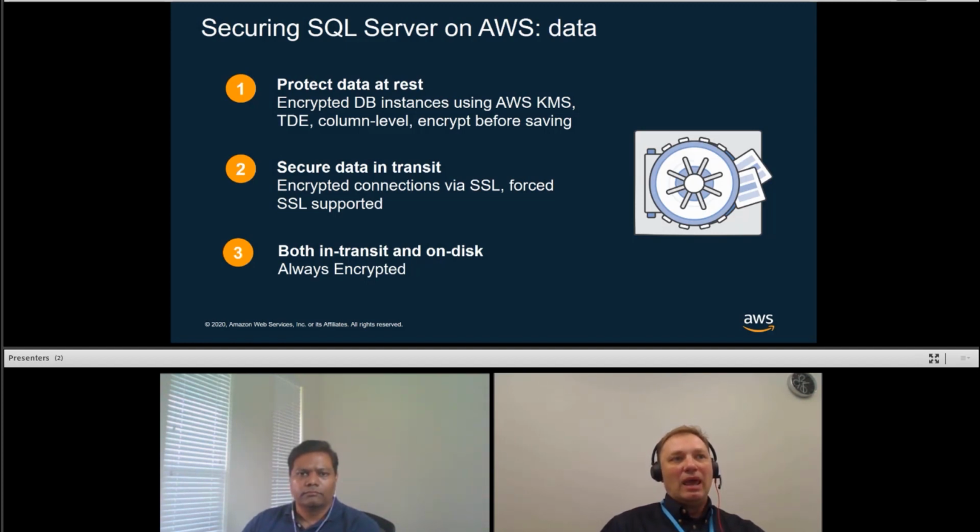That's all supported, as well as EBS encryption that I showed in my demo. EBS encryption is very similar to TDE in the sense that it's using the same algorithm, but a whole lot easier to set up and much lighter weight in terms of the performance overhead.